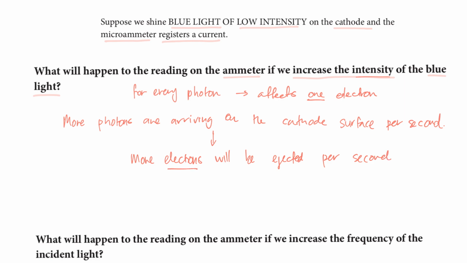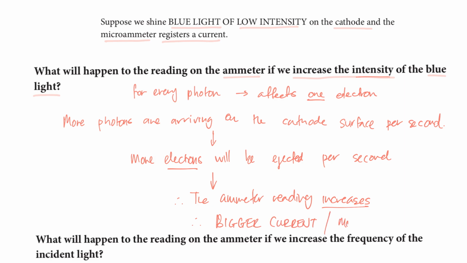And if I have more electrons coming through, then that means the ammeter reading increases. So I have a bigger current, or I can say I have more current. So that one's pretty basic.